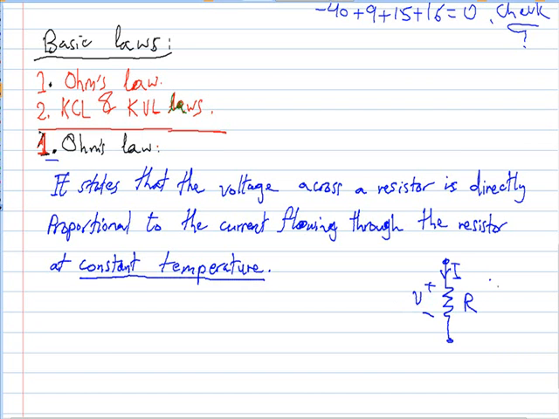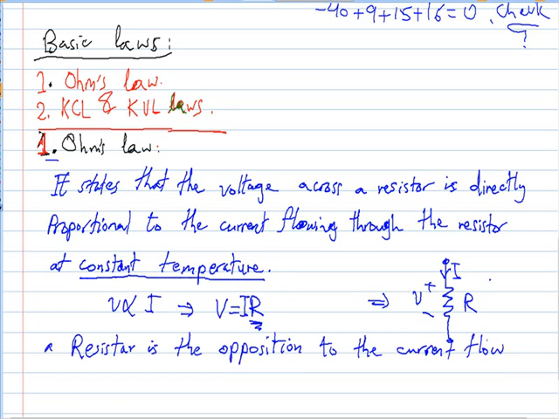And the relation that describes those three variables is as follows. V is directly proportional to the current, and the proportionality constant is R multiplied by I. The resistance.